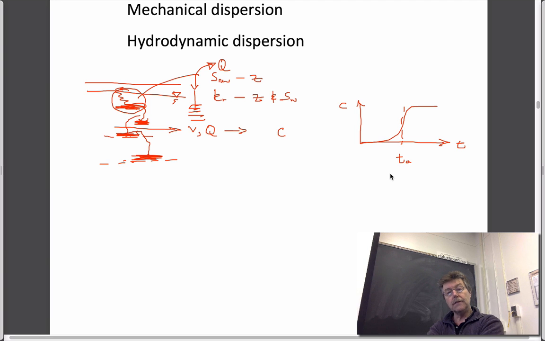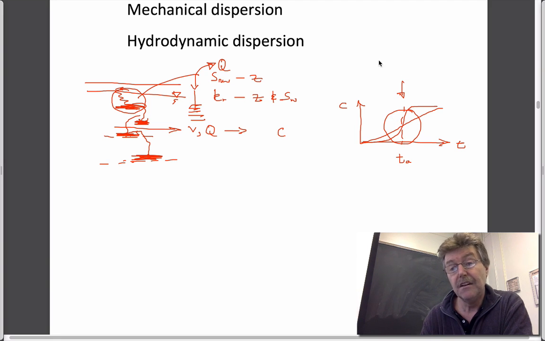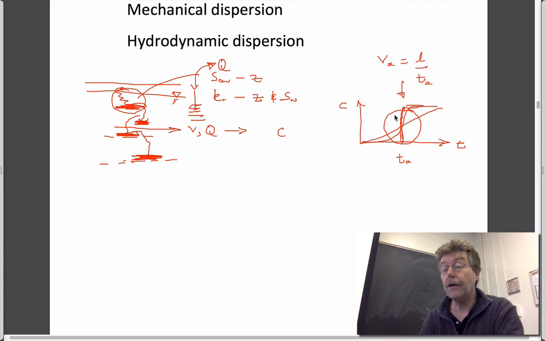And so the other thing that we might be interested to know is what does this distribution look like? Is it vertical? Is it angled? Is it much flatter? So we'd be interested to know what this time is when this happens, and you've done some simple calculations to do that from basically the observation that advective velocity is just equal to length traveled over time taken, which gives you a direct plug flow, plug arrival.